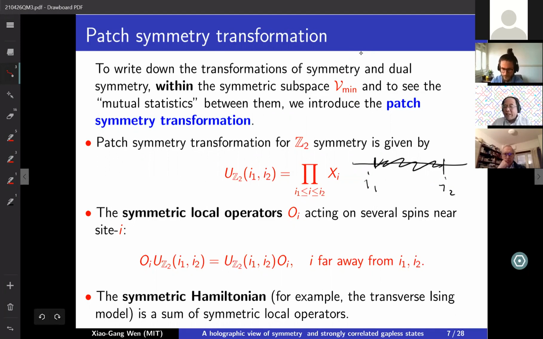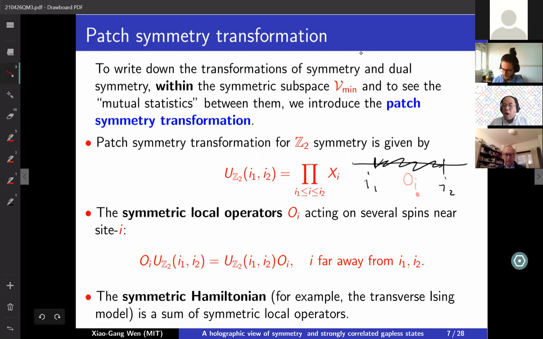That's enough to define the symmetry, because a so-called symmetric local operator is an operator which commutes with the symmetry transformation. However, this holds with the condition that the operator is at location I, which is far away from these two endpoints.